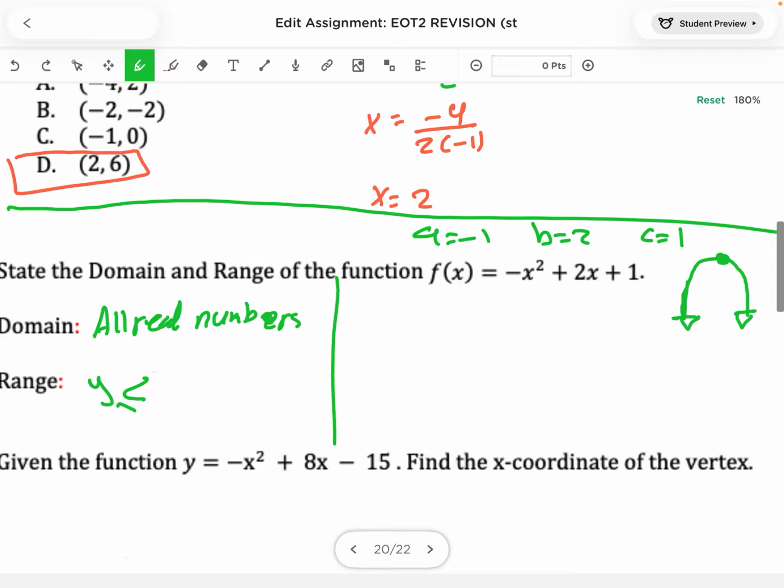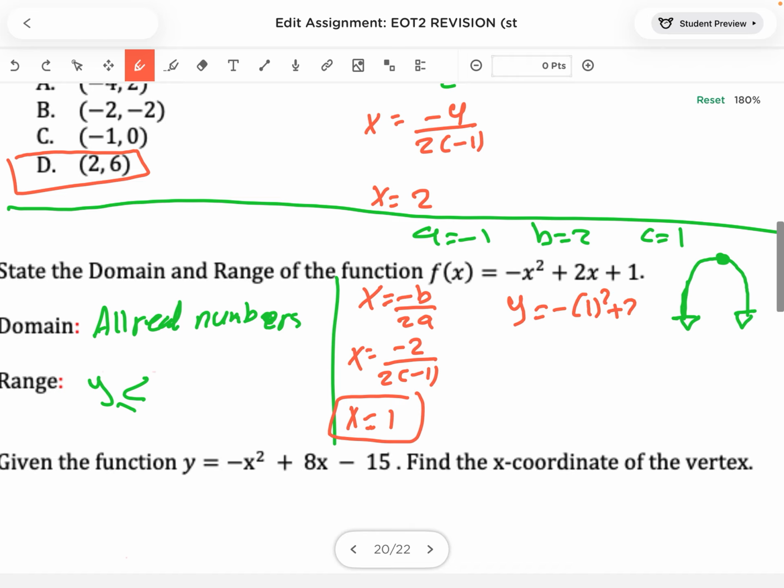But to find the vertex, we have to find x equals minus b over 2a, which means minus 2 over 2 times negative 1, so x will be 1. Now I have to replace to get y. Y equals negative 1 squared plus 2 times 1 plus 1.